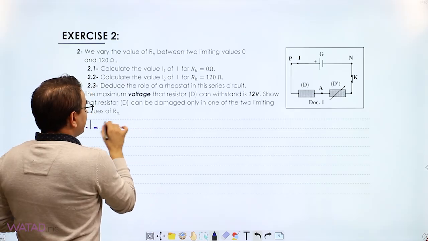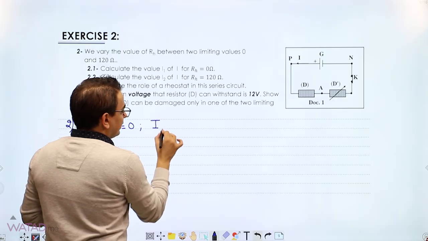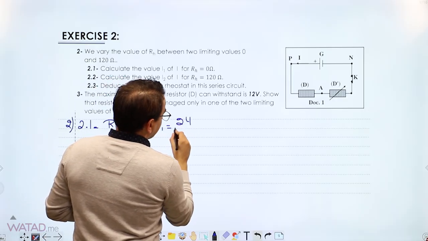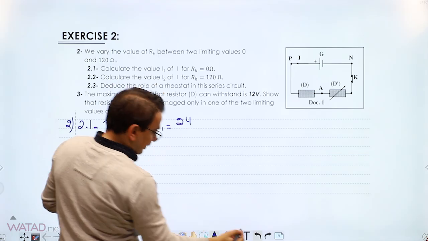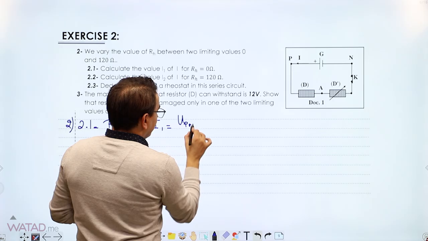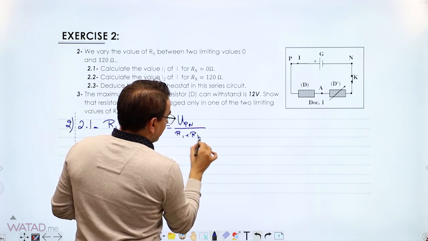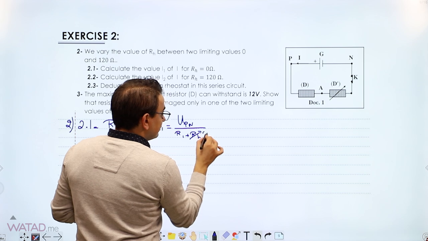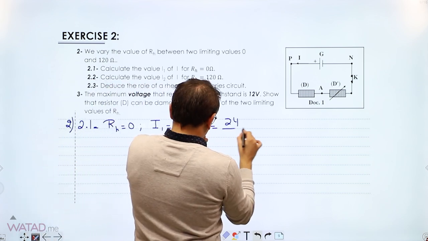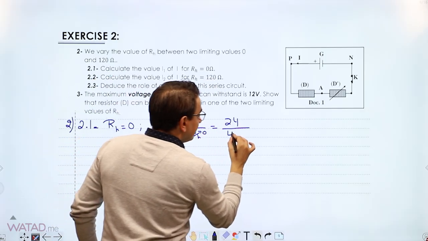So RH equals 0; I1 equals UPN, which is 24. UPN over R1 plus RH, and RH is 0, notice, which is 24 over R1, I think it's 48, yes.